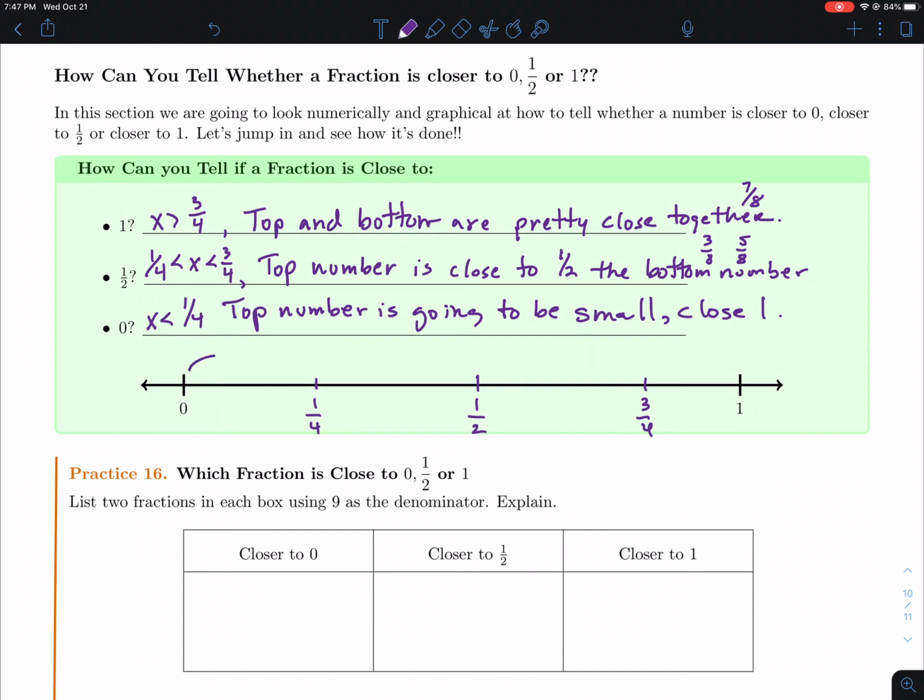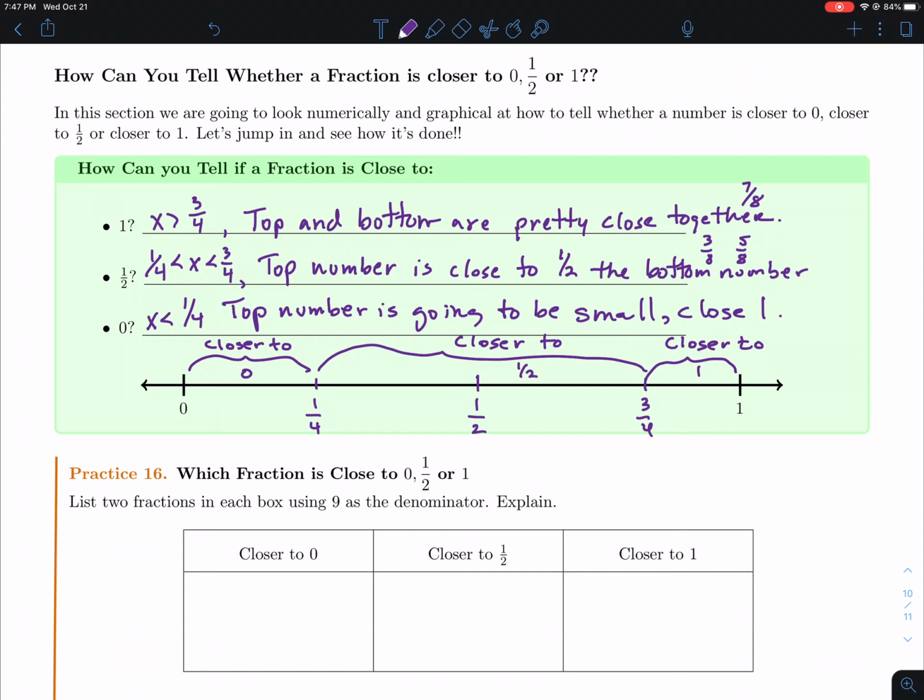So if we're in this range, we're going to be closer to 0. If we're in this range, we're going to be closer to 1. And if we're in this humongous range, we're going to be closer to 1/2 in this case.